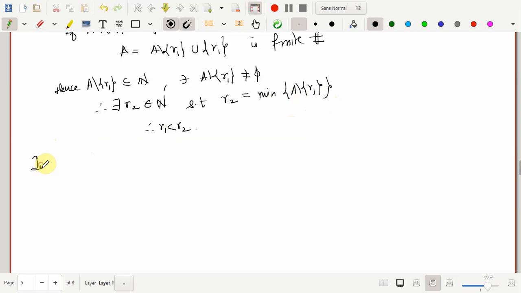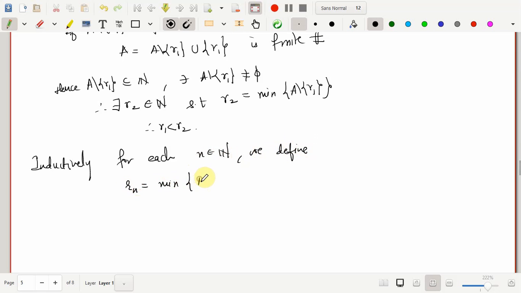So inductively, for each n in N, we define Rn to be the minimum of A difference {R1, R2, till Rn minus 1}, right? As R2 is the minimum of A difference {R1}, and R1 is the minimum of A itself.